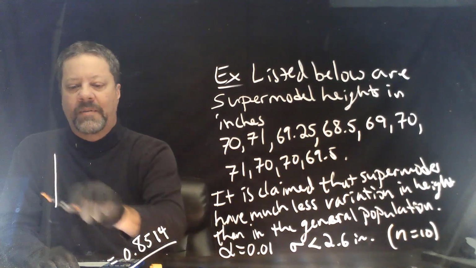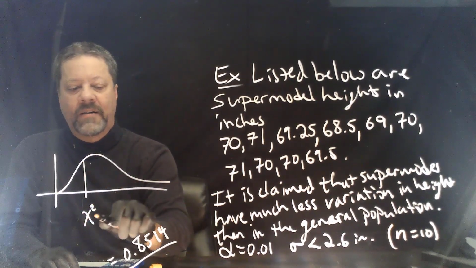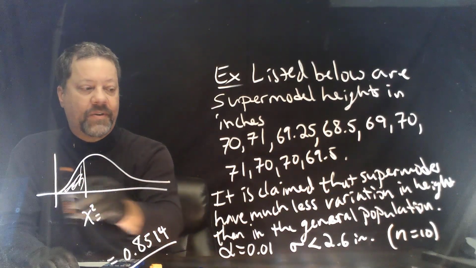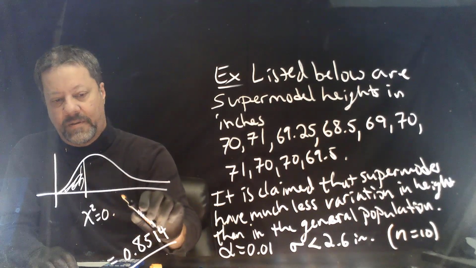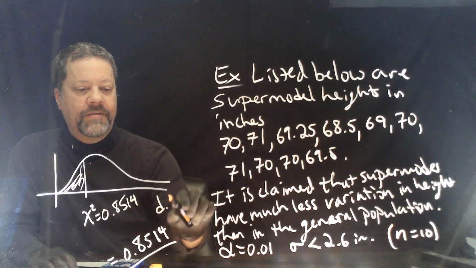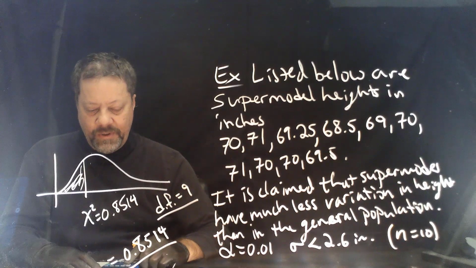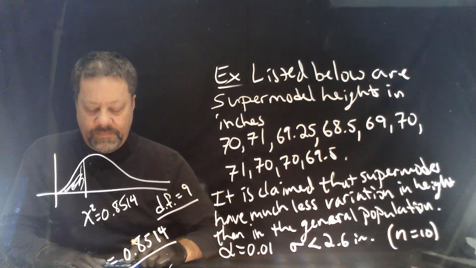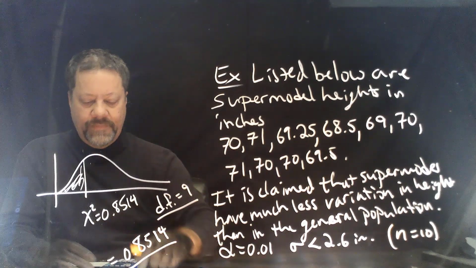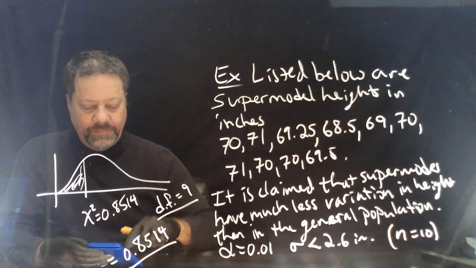To finish our problem, we need to know the probability of getting a chi-square of this much or less. What's the probability of getting this or farther to the left, with the degrees of freedom equal to 9? We'll go to second distribution, and we'll go down to chi-square CDF. The lower will be 0.